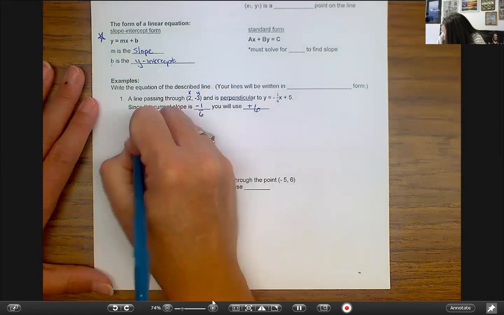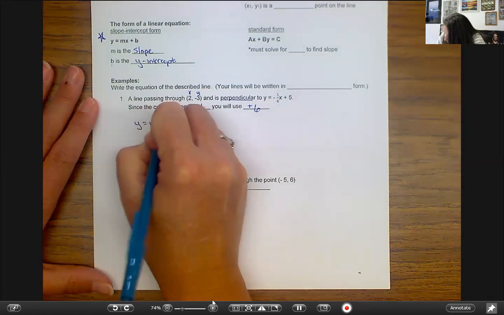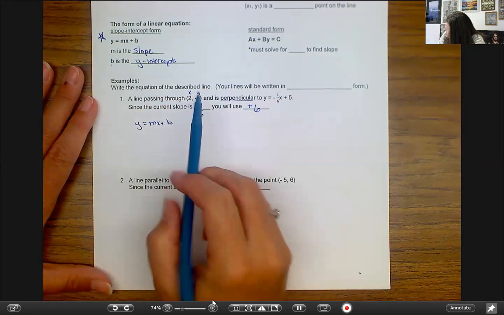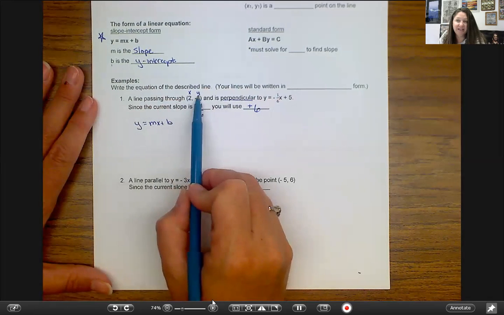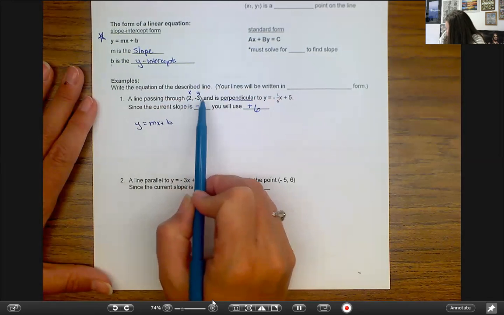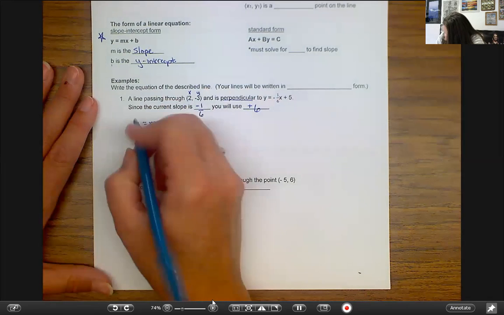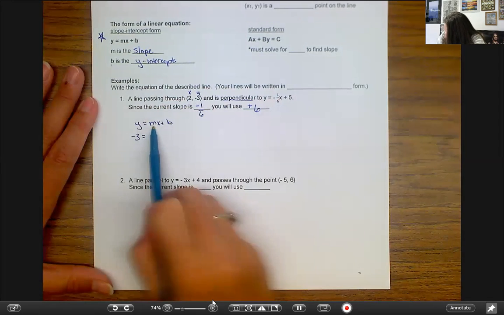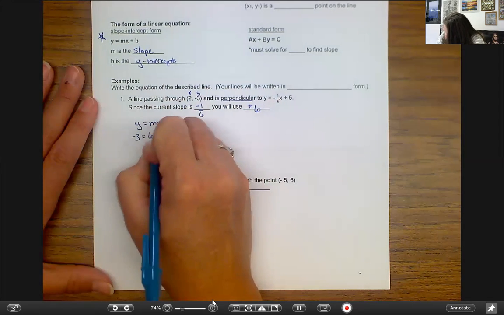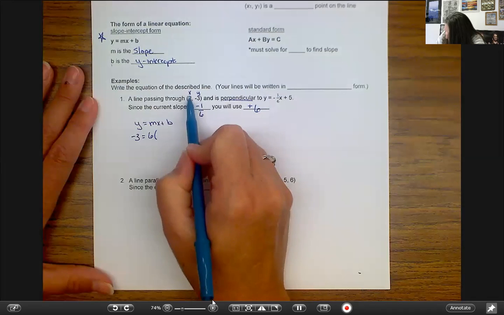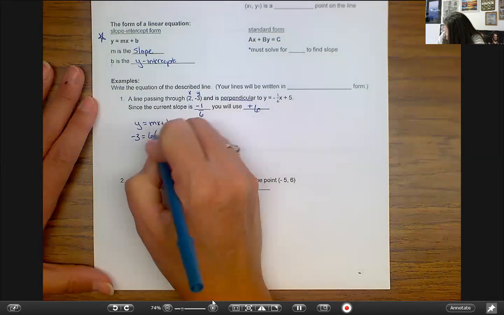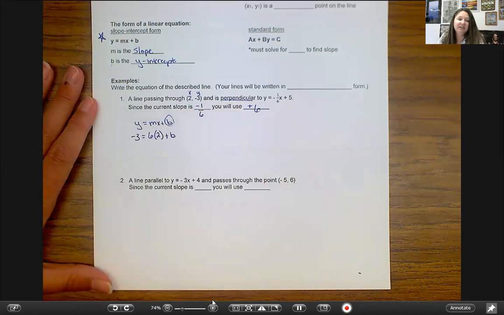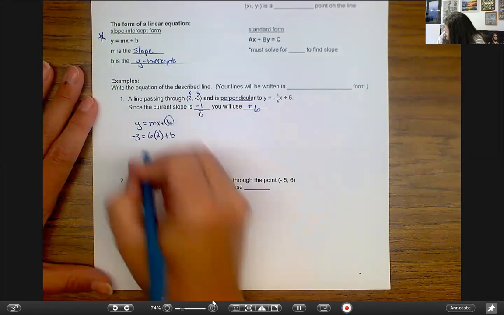If I were to plug into slope-intercept form and plug in what I know, I know that I have a point on my line that has to make the equation equal. So my value for y would be -3. I want my line to have a slope of 6. The x coordinate in that point was 2. And I want to solve for b, or what that y-intercept would be.